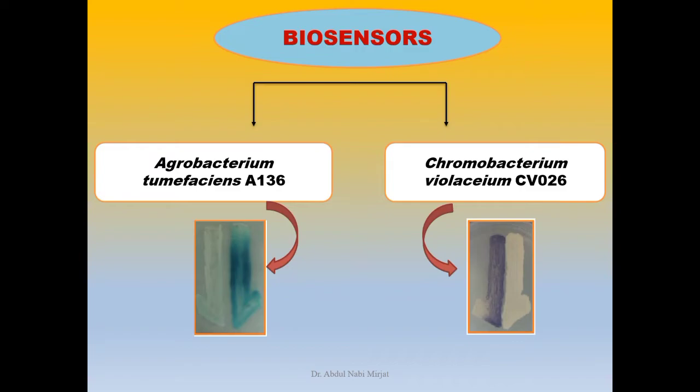When there is any production of signal molecules by a test bacterium, A136 will produce a purple blue color. However, CV026 will produce the violacein color in the presence of the signal molecules.